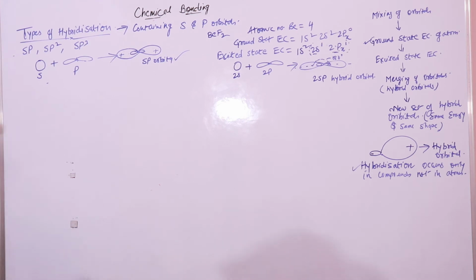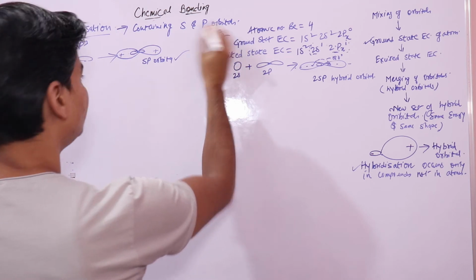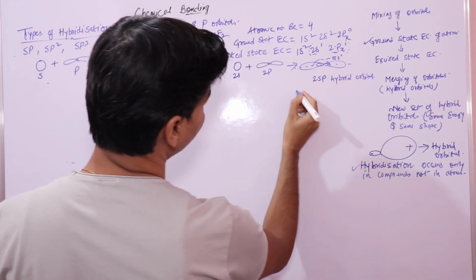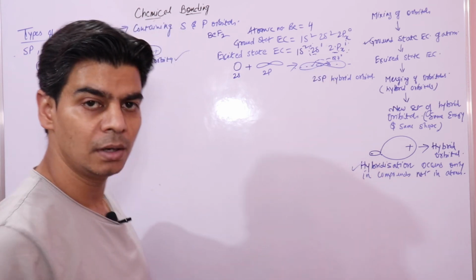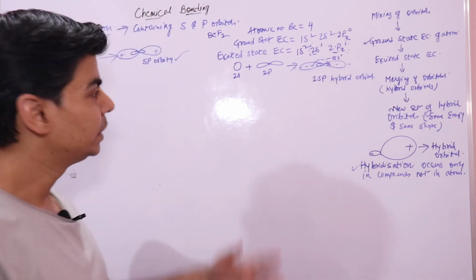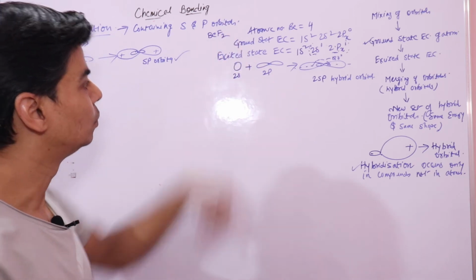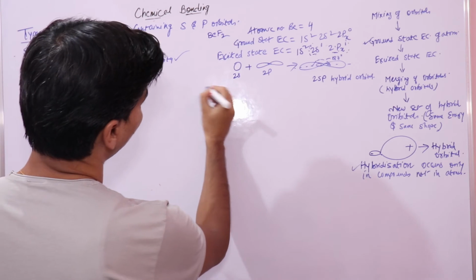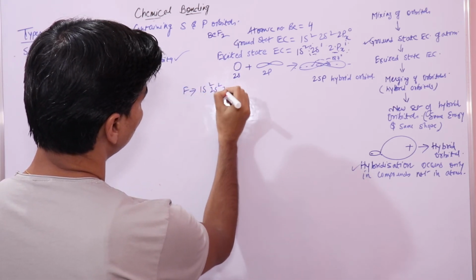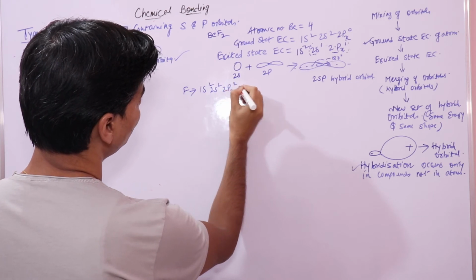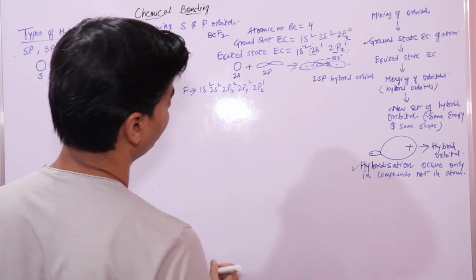right? Now in the formation of BeF2, each of the sp hybrid orbitals will overlap with each of the fluorine atoms, right, to form BeF2. We know that the electronic configuration for fluorine is 1s2, 2s2, 2px2, 2py2, 2pz1, right?